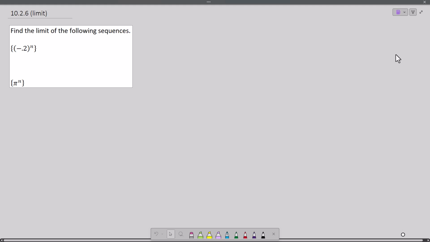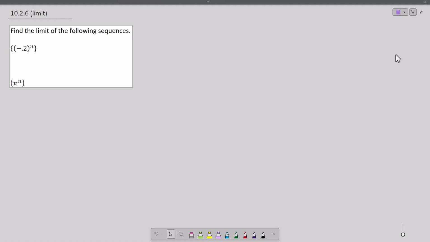Limits, just basic limits here. What is that top limit? Everyone agree 0? So it's a geometric property. If you have a number that's between negative 1 and 1, so its magnitude is less than 1, and you start multiplying it by itself, 0.2 times 0.2 is 0.04.